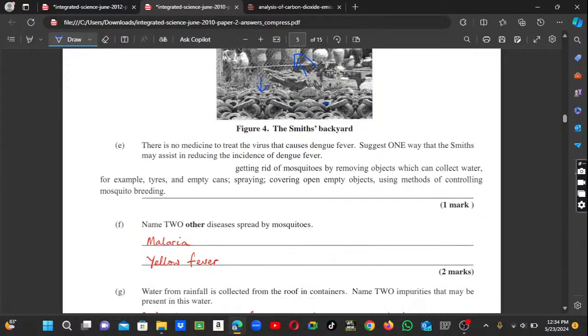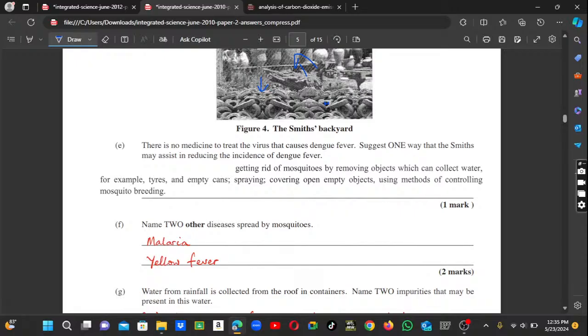All right, so here it says getting rid of mosquitoes by removing objects that collect water, for example tires, and spraying open objects, using methods of controlling mosquito breeding. We need to suggest one way in which Smith may reduce the incidence of fever.